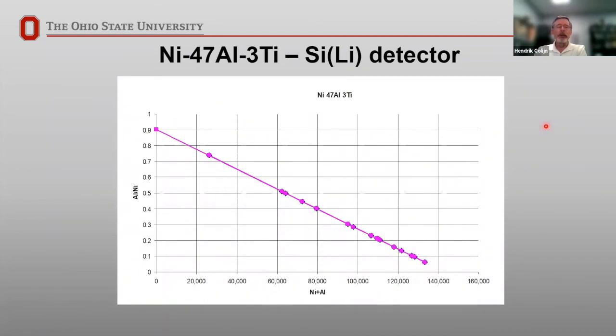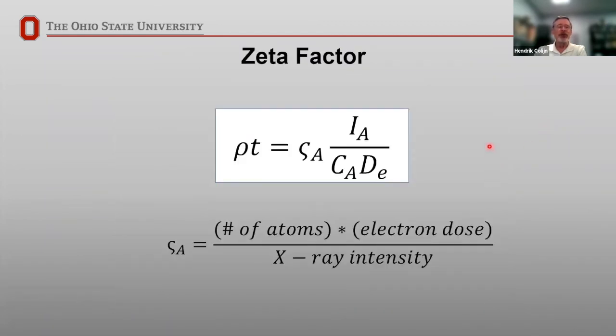The other method that's used is known as the Zeta Factor. And this is actually giving you a relationship of your X-ray intensity based on your dose. So you're getting a sensitivity per incident electron. So this is a much more absolute measurement.